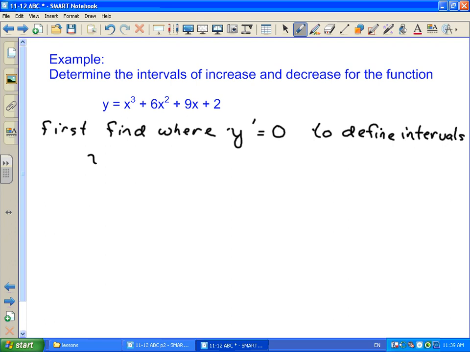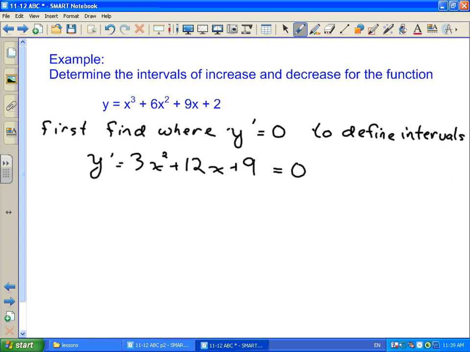So we can take the derivative of our function here. We're going to get 3x squared plus 12x plus 9. Set this equal to 0, and we want to solve this thing for x.